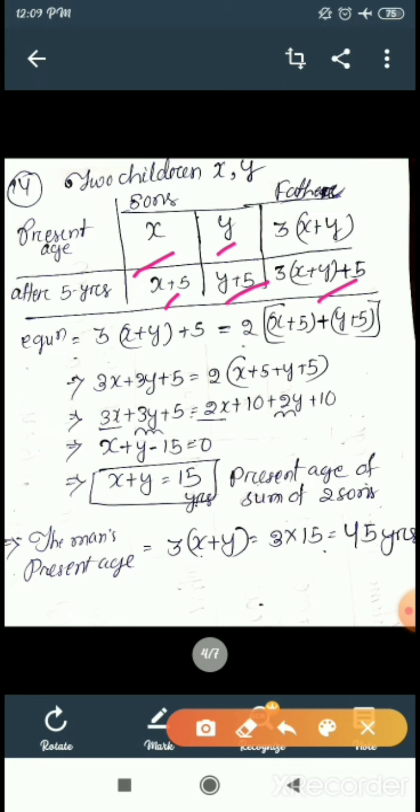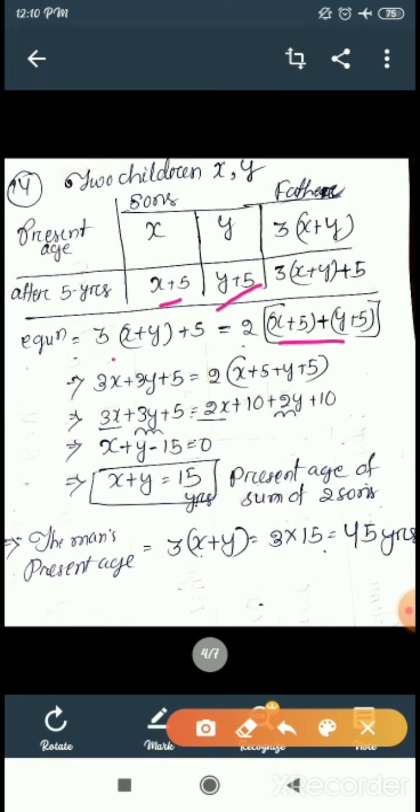After 5 years, his age will be equal to double, means 2 times the sum of their ages. That means the sum of this one and this one. So 2 times x plus 5 plus y plus 5. So what will you get?